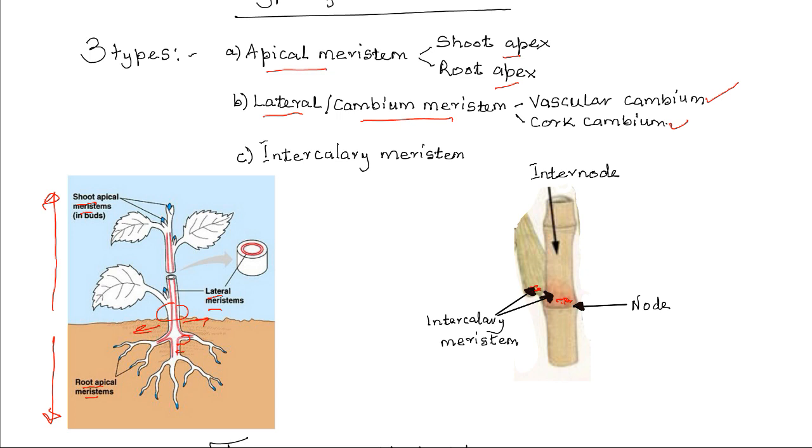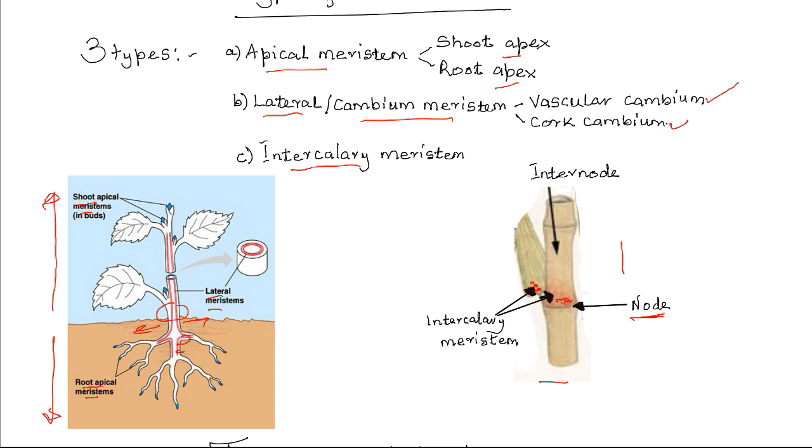And the third group of meristems is known as the intercalary meristems. These are found in the monocotyledonous plants only. For example here, where they are located at the stem nodes and bases of leaves. These intercalary meristems are responsible for the increase in the length of the plant.